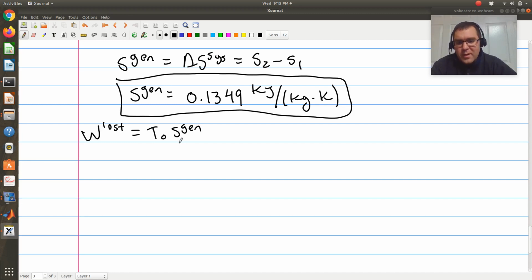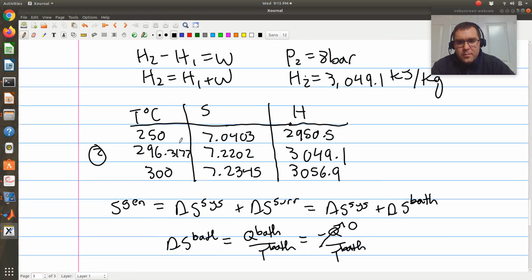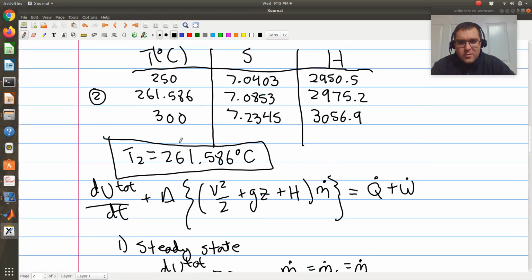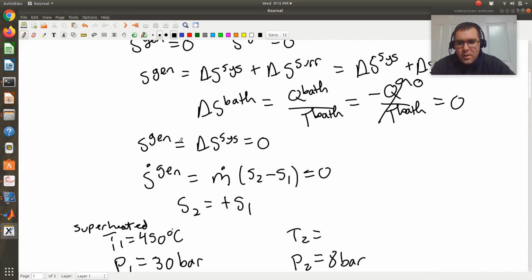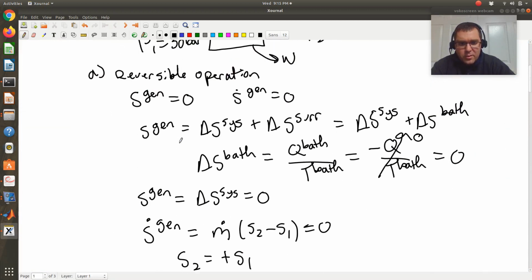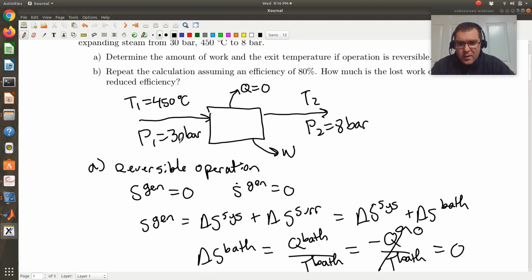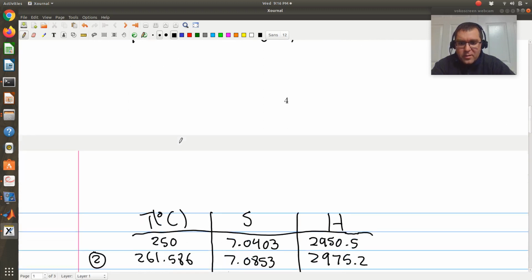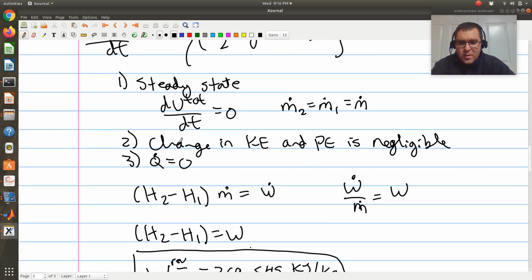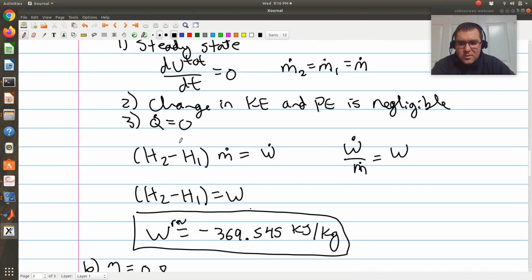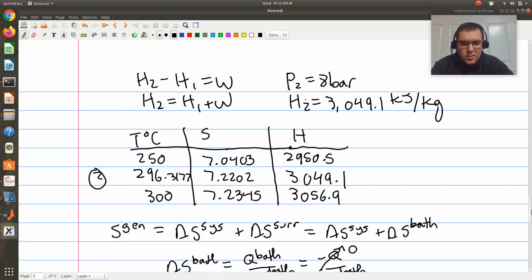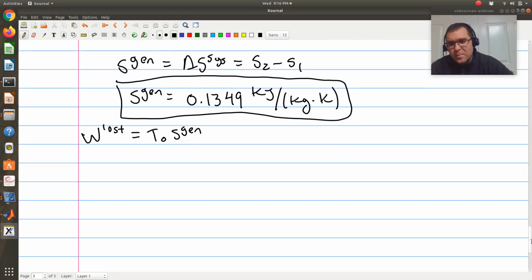The general idea of where this comes from is, if I think of the first law balance for this process, where I worked out our first law balance here, we assume Q is equal to 0.